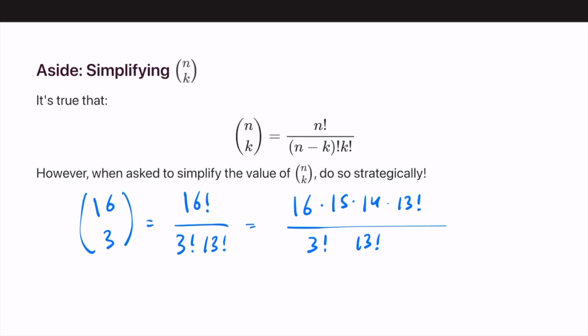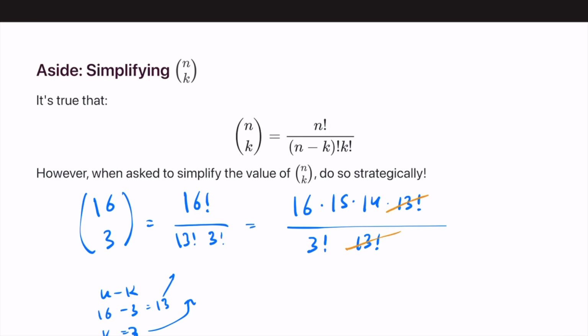I kind of wrote these backwards. We get this from n minus k, which is 16 minus 3, which equals 13, and then k, which was 3. So that's where these two came from. Okay. So we know that the 13 factorials cancel out.